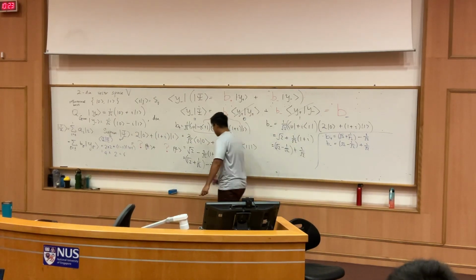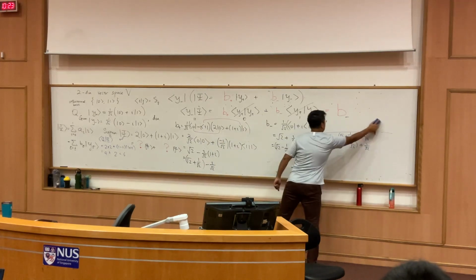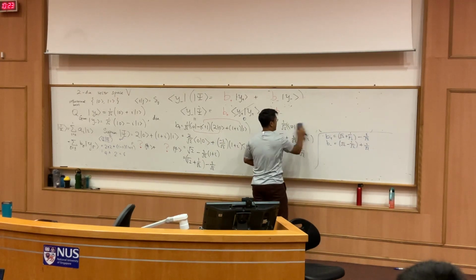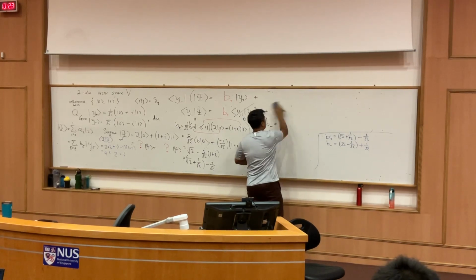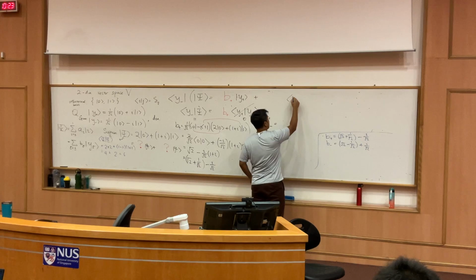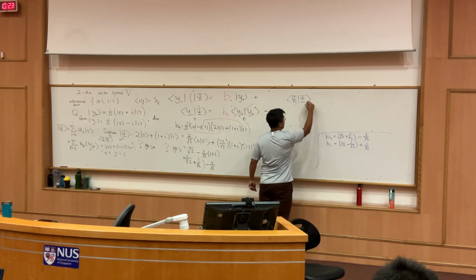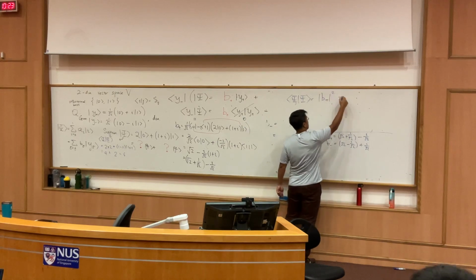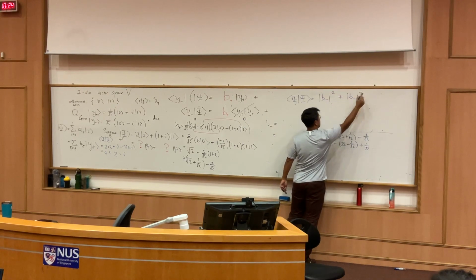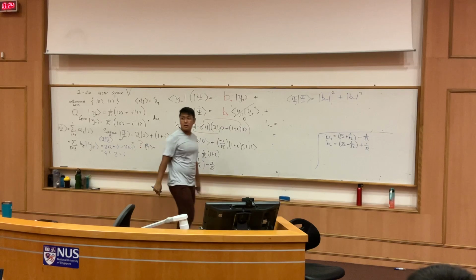Well, the norm of this state in this representation is just b plus conjugate times b plus plus b minus conjugate times b minus. All agree?